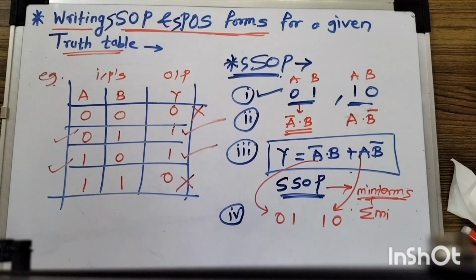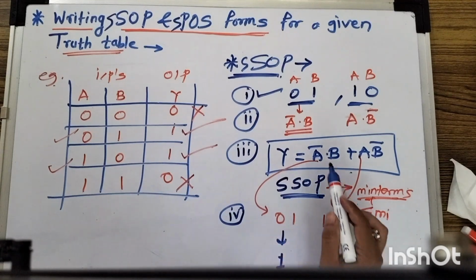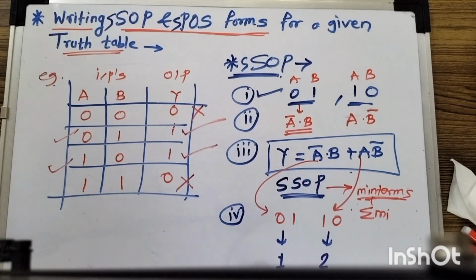The next step is to write the decimal equivalent of this binary number. So 0 1 means 1 is the decimal number, and for 1 0 the decimal number is 2. So this is the decimal equivalent of the binary number corresponding to these product terms, and we now write Y is equal to summation small m for the minterms, and in brackets write the decimal equivalent numbers in ascending order, that is 1 and 2.